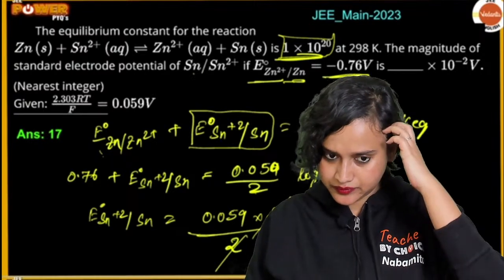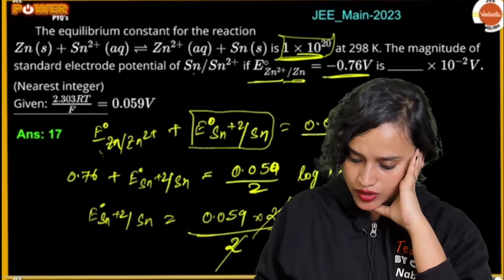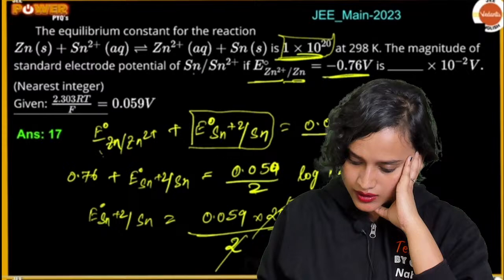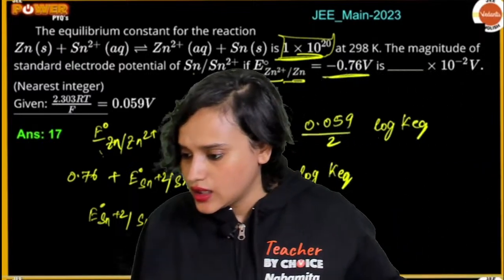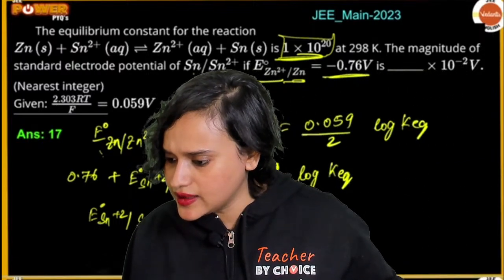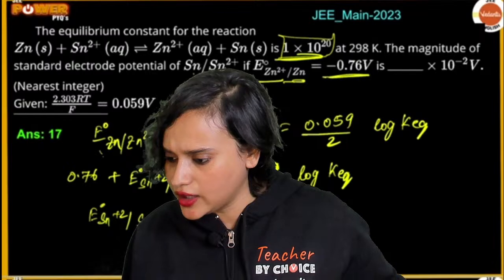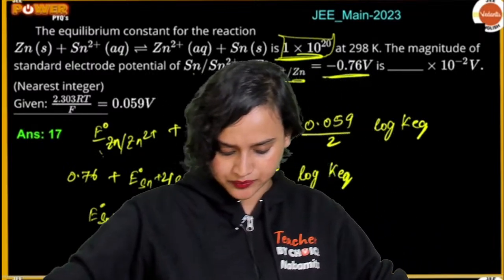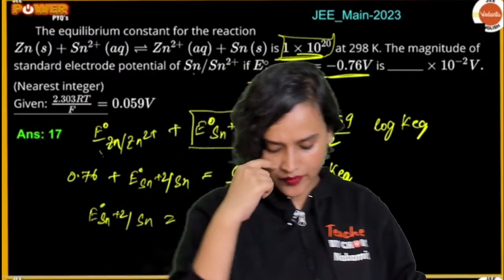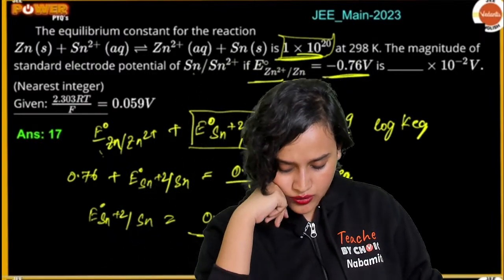0.059. E naught of this is, no, somebody is saying 0.59, and Ayush is saying minus 0.17. Are you getting minus 0.17? No?